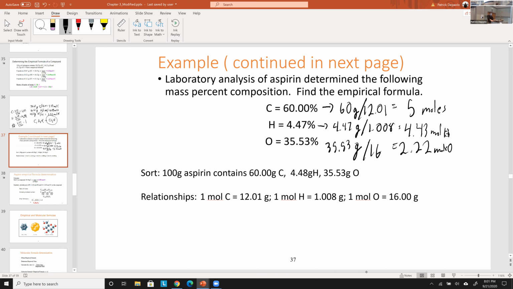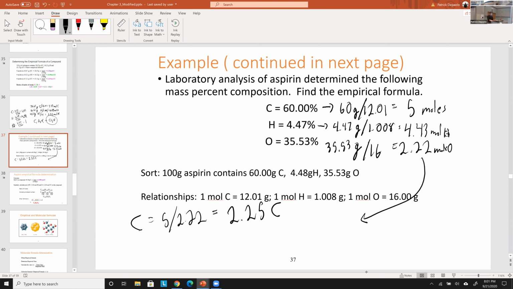Okay, so now what we're going to do, and I'll do that work down here, is divide by the lowest number of moles to simplify this molar ratio into whole numbers. So that's clearly oxygen. For carbon, it will be 5 divided by 2.22, which is going to equal 2.25. That should give you a hint on what we're going to have to do.